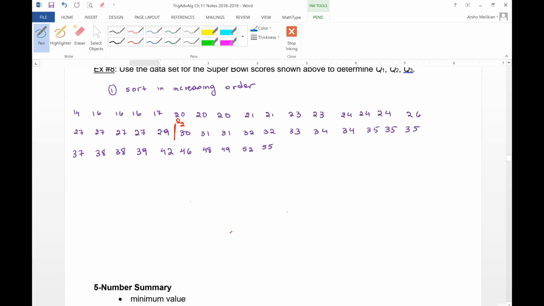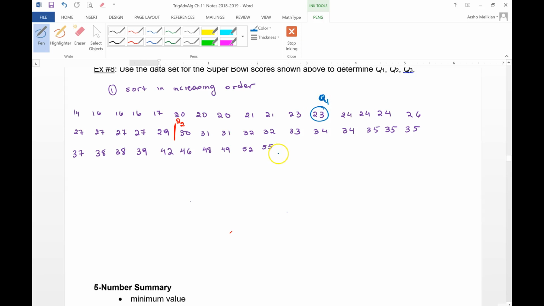Okay, so this number here, look. Basically it's the 11th number. So here's what I do. There's 21 of them, right? If it's an odd number, subtract 1. That's 20. And now you have to do 10 on each side of that. Okay? So look at that circled 23. There are 10 before it and 10 after it. So that's my Q1.